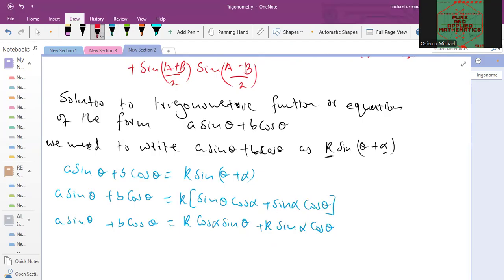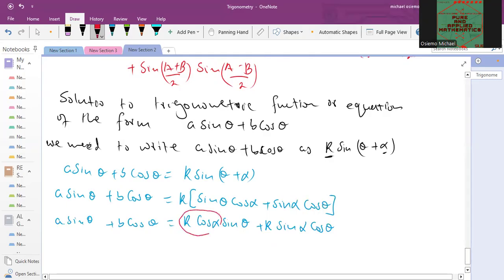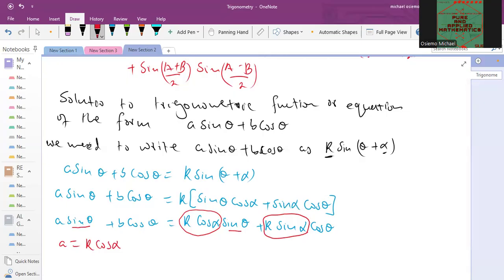Now, if these two expressions are equal, then the coefficients of sin theta and cos theta must also be equal. So a must be equal to r cos alpha, and the coefficient of cos theta must also be equal, that is, b is equal to r sin alpha.